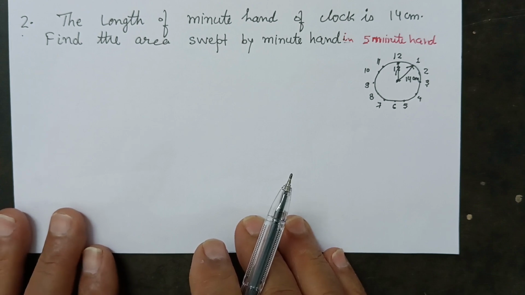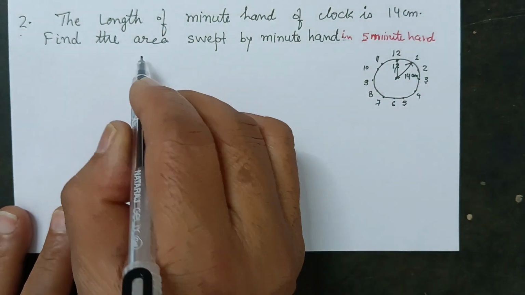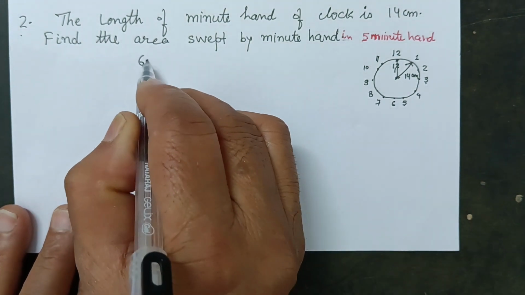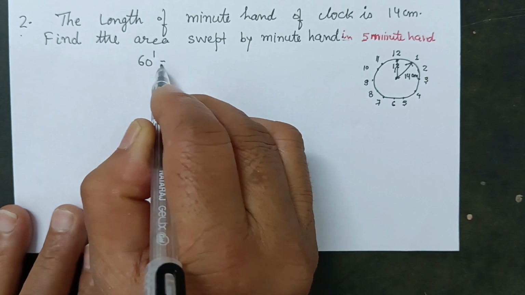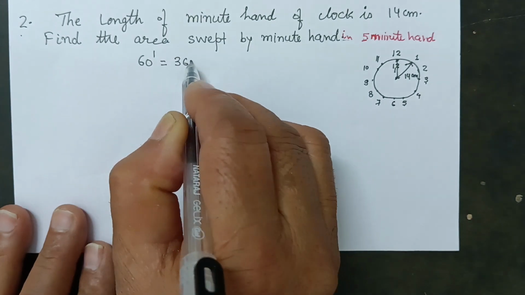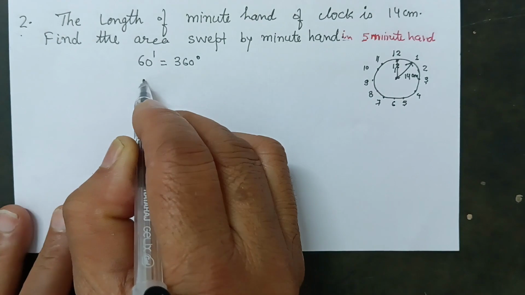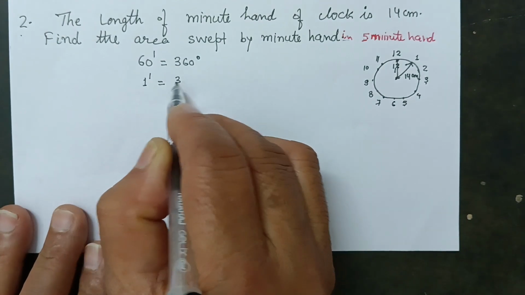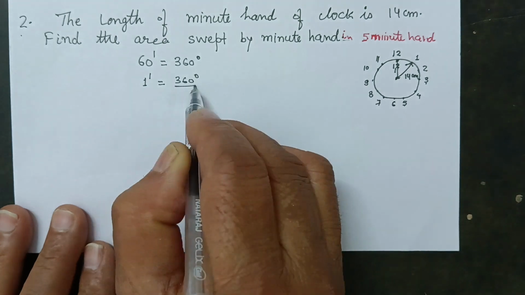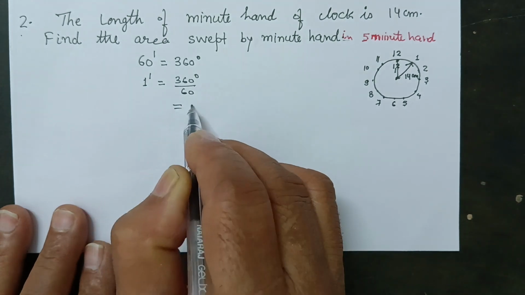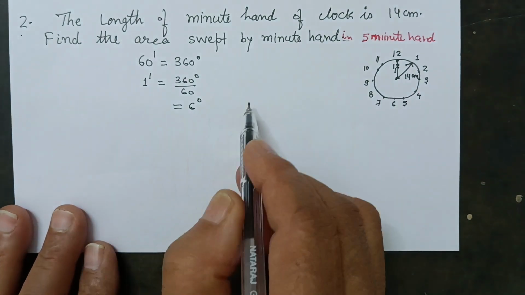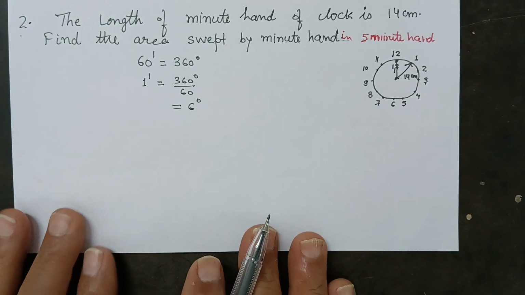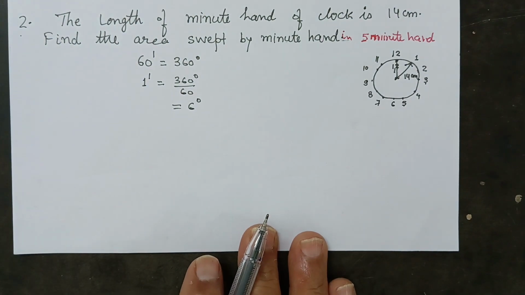That means 60 minute. 60 minute is equal to 360 degree. Therefore 1 minute will be 360 degree upon 60, that is 6 degree. 1 minute is equivalent to this 6 degree.